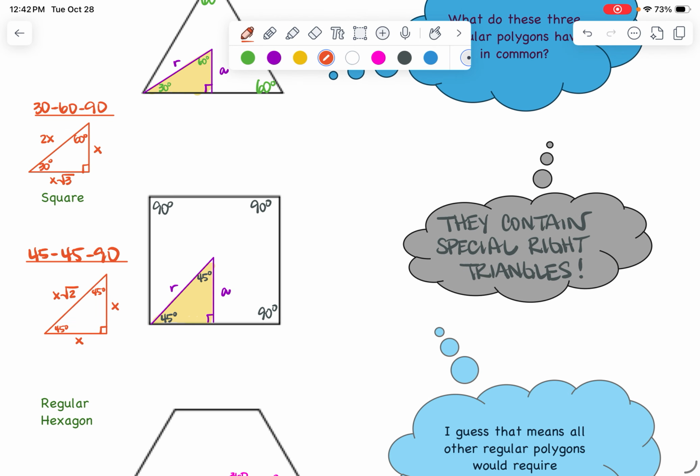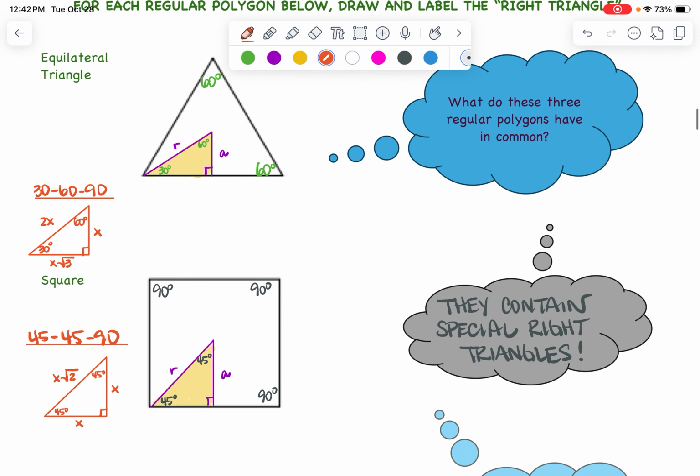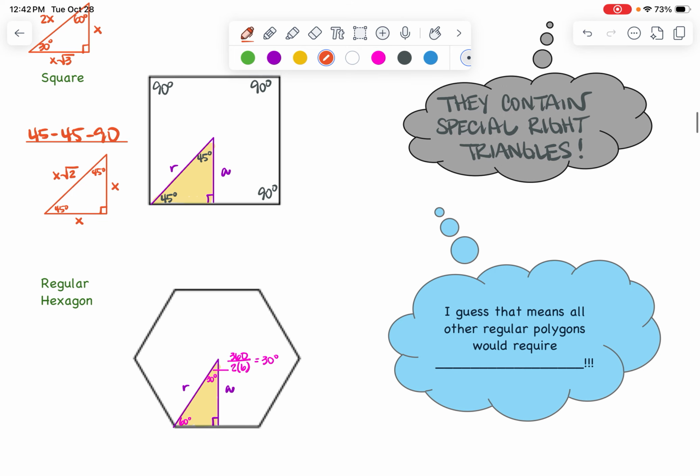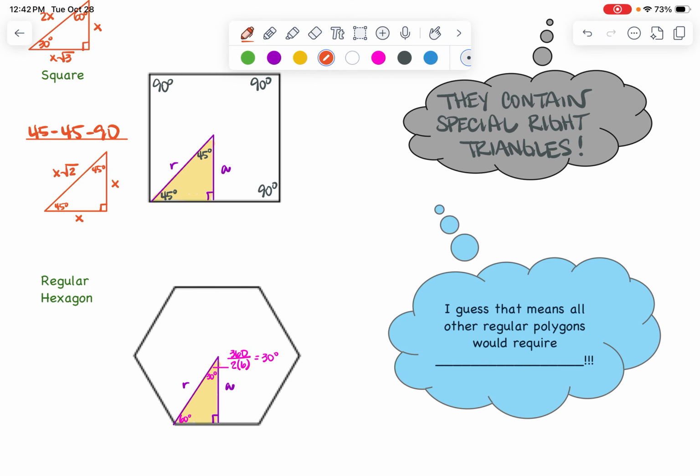All right, now only these three shapes, right? Only equilateral triangles, squares, and regular hexagons contain special right triangles. No other polygons contain special right triangles except for these three, which means if I ask you to find the area of an octagon or a pentagon or a nonagon or anything else, I can't use special right triangle rules.